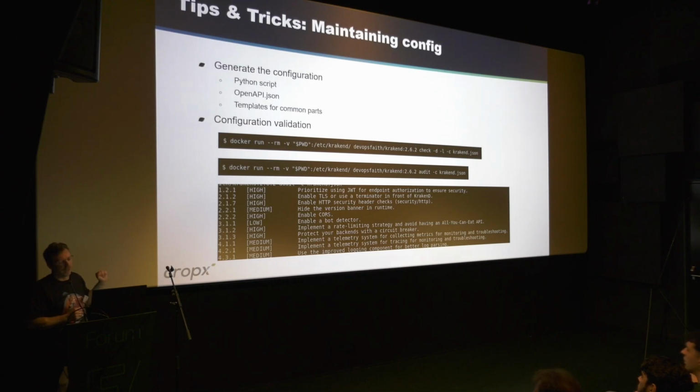There's also an audit command that will give you recommendations of what you should probably add to your configuration to make it more secure. And the bot detector, of course, you can enable.